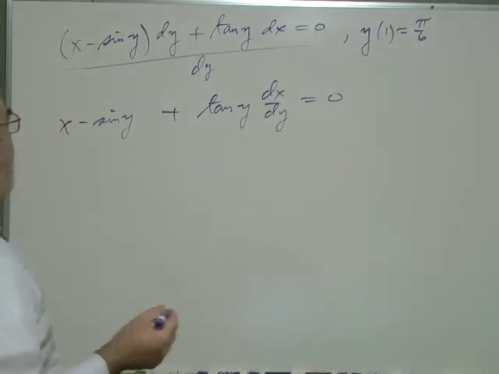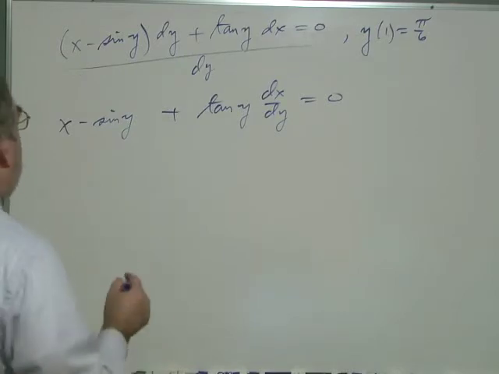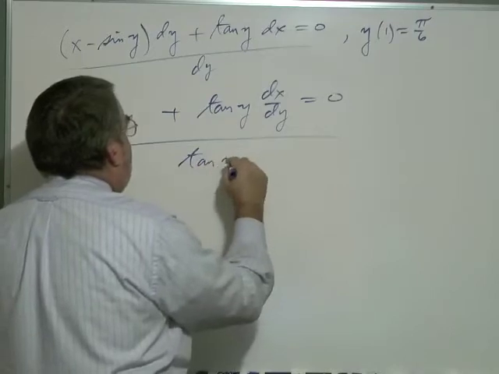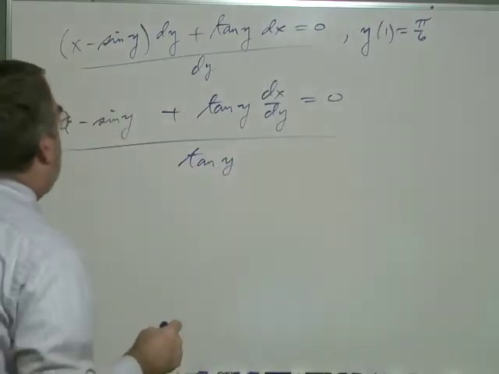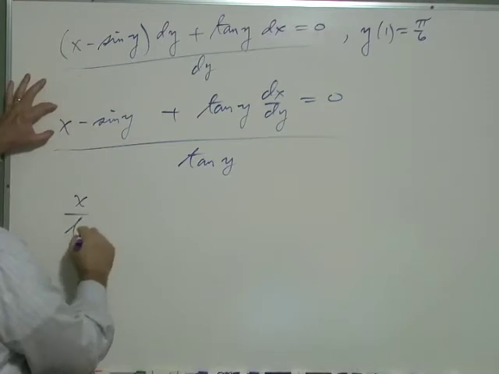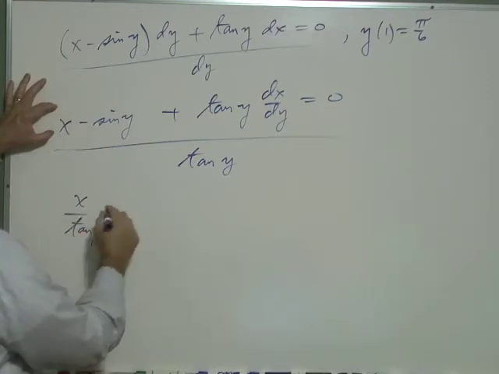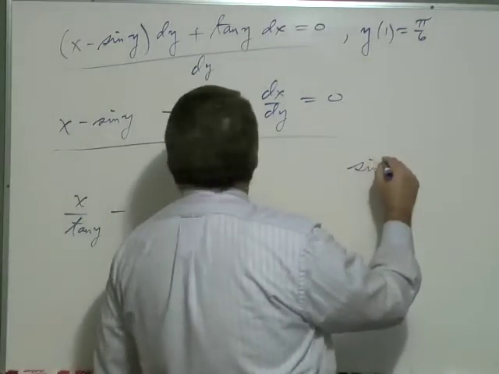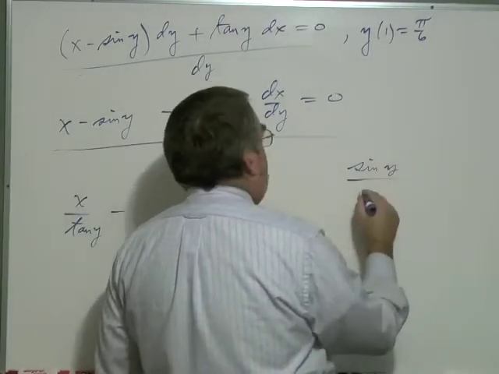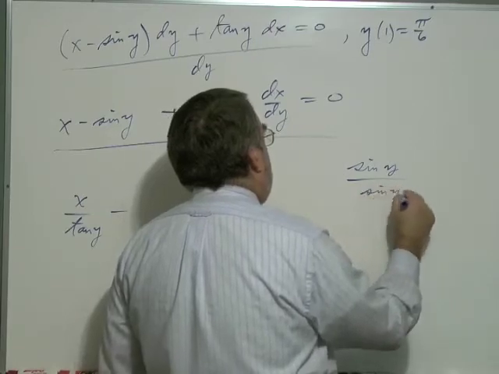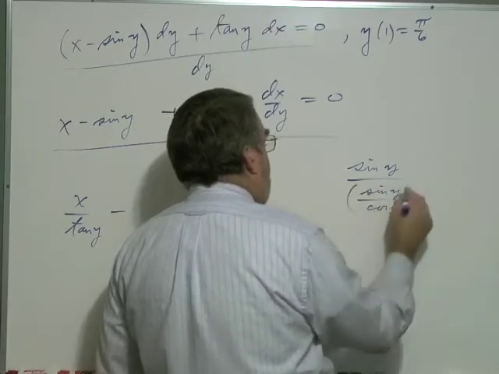Alright, now I can divide by tangent y because I want the derivative by itself. And so now over here I have x over tangent y minus sine y over tangent y. Remember that tangent is sine divided by cosine.